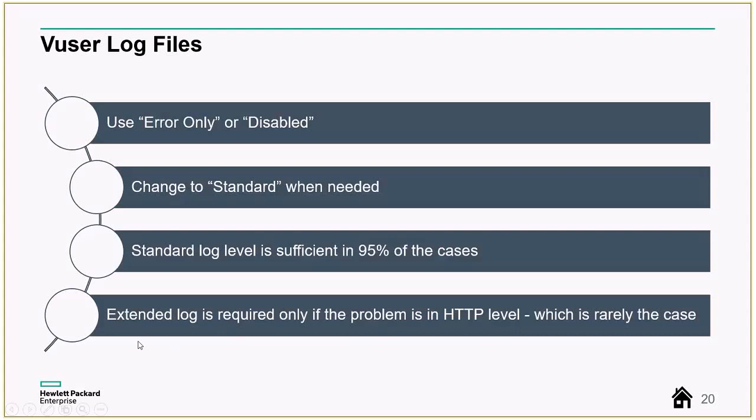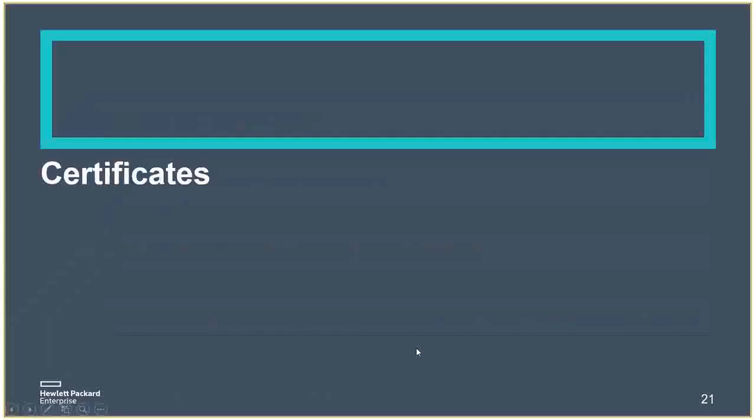There is one exception with TruClient IE, and with TruClient IE, it is more likely that we will need to get extended log, and I'll elaborate on that later, or maybe Eyal will. So that is regarding the virtual user log. Just keep in mind that extended log is not needed, and try to use standard log at the maximum when you run it in a load test, where the recommended is actually disabled or error only.